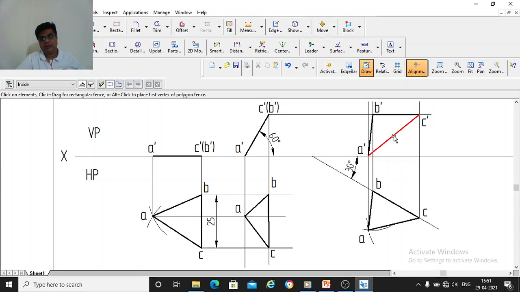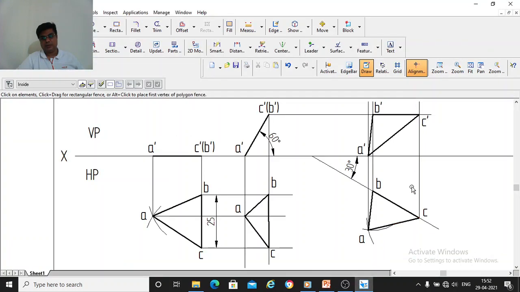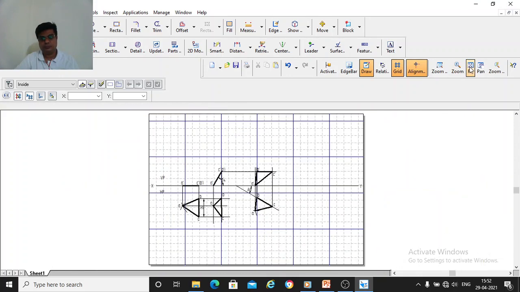So this is how the plane looks in front view and top view when all these conditions are satisfied. So you can see here the same solution you have drawn here, right? So in the drawing sheet you have grid lines. So in your drawing sheet it looks like this when you draw, in your sketchbook.